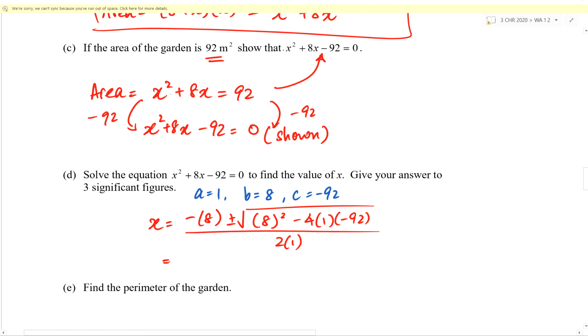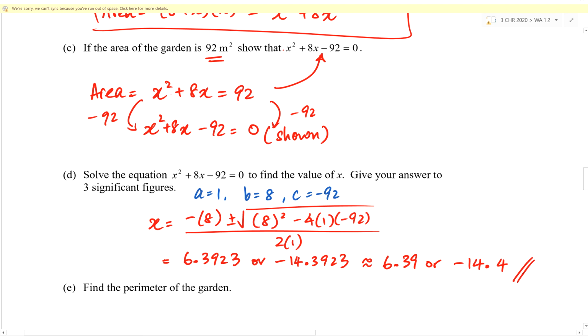Since they want the answer to be in 3SF, we know that we need to have more than 3SF as our intermediate step. So here we have 6.3923, or the other answer is negative 14.3923. So this rounds off to give us 6.39 or negative 14.4.